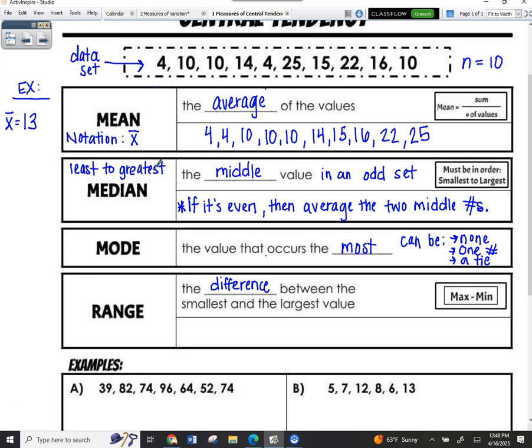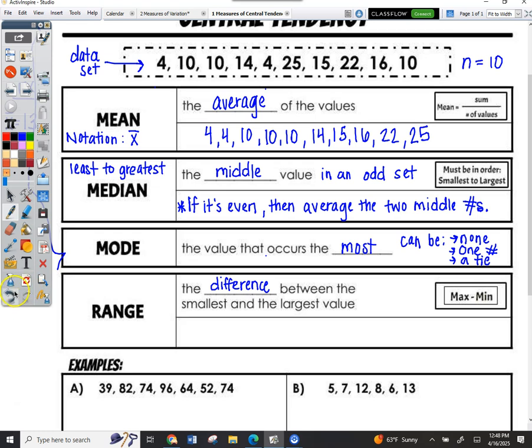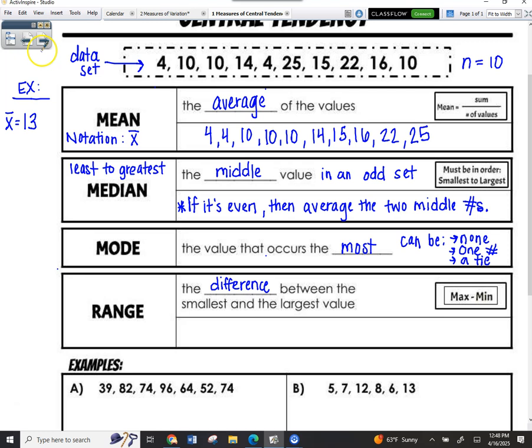What is the median here? Since we had 10 values, where is the middle? Data number 5 and 6. Data number 5 is 10 and data number 6 is 14. So the median is going to be between 10 and 14, which means you have to find the average.